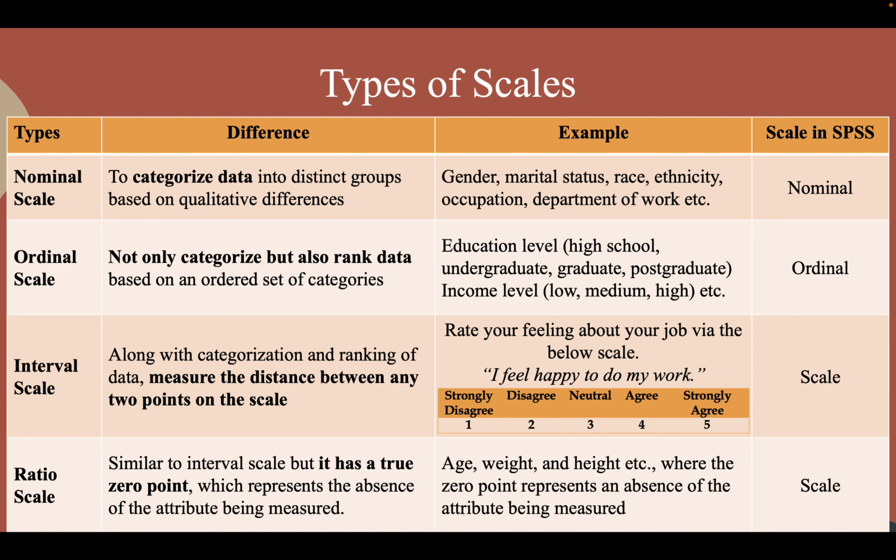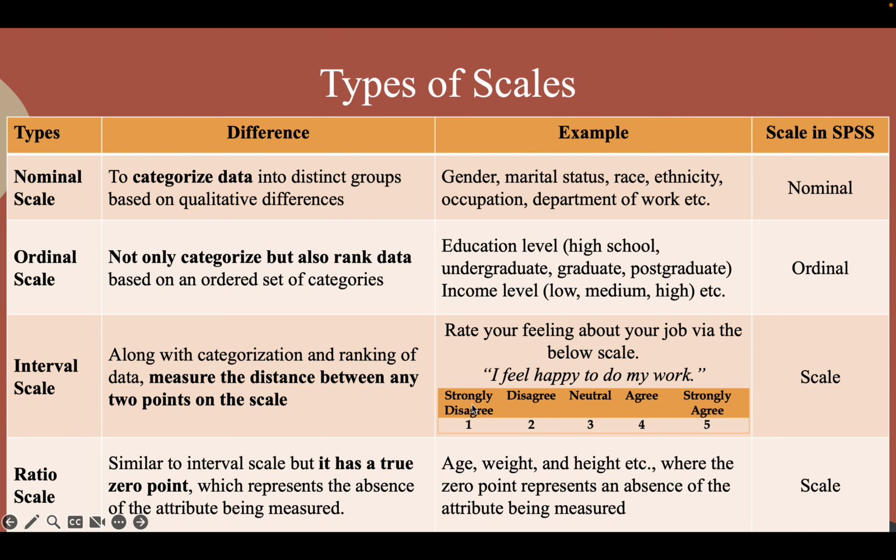So if we look into the example which is given here, the researcher asked respondents to rate their feeling about their job via the below scale. The scale is here, and the question being asked is here: I feel happy to do my work.